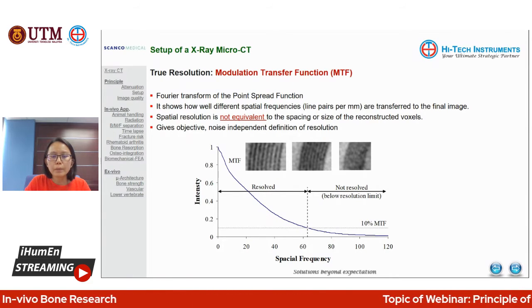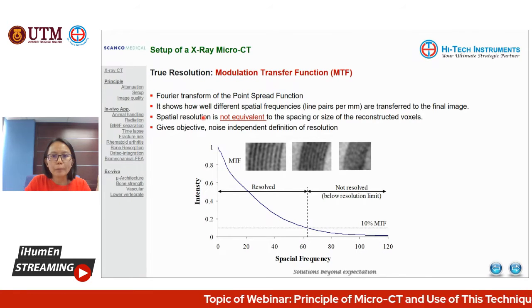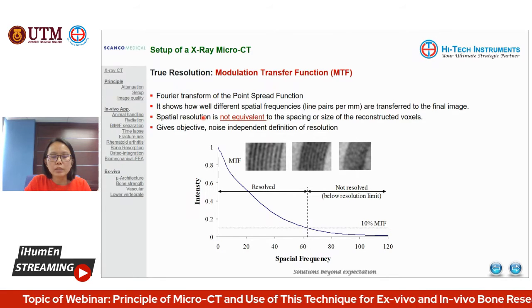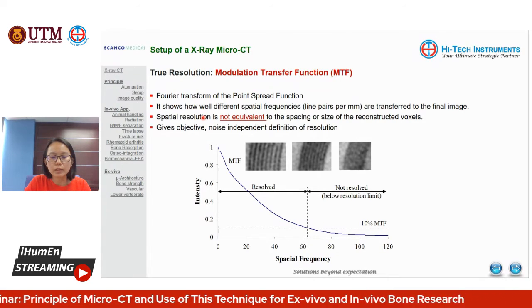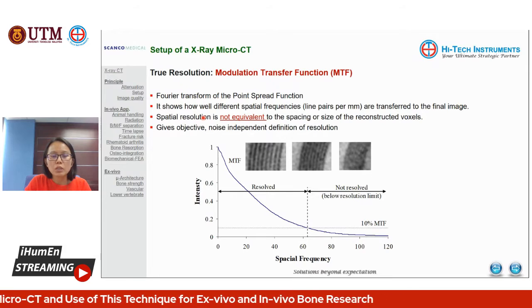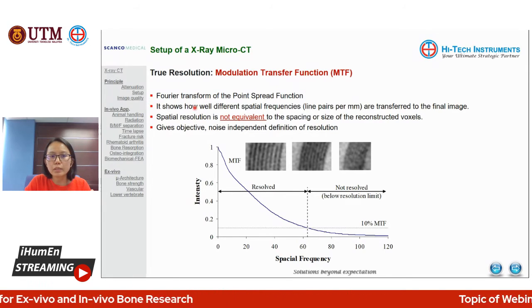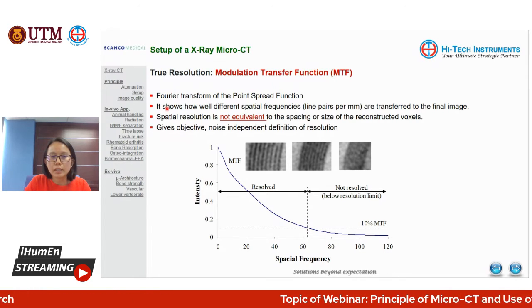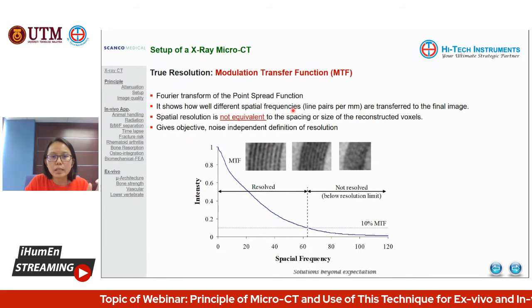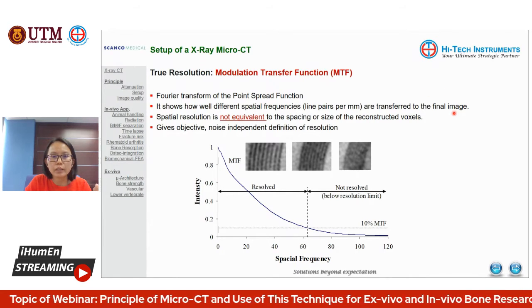This MTF is commonly used even when you buy a camera or any sort of micro CT. You can define MTF as the Fourier transform of the point spread function, and it shows how well the spatial frequencies are transferred to the final image.